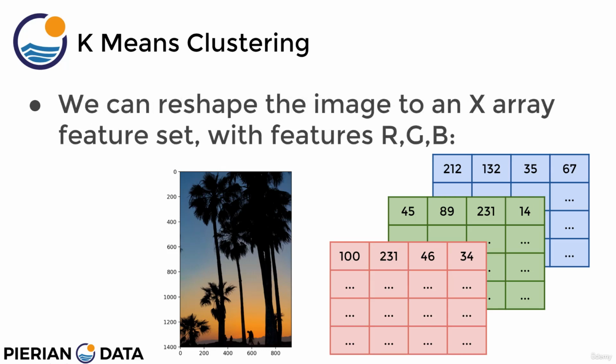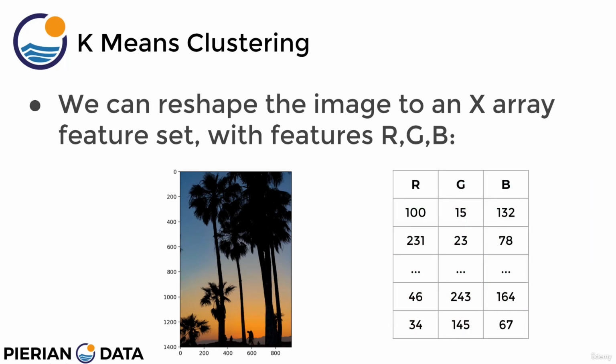We can actually reshape the image to an X-array feature set, with the features being red, green, and blue, because k-means clustering thinks of data as being two-dimensional, where each column represents a feature. So what we're going to do is take this three-dimensional array and reshape it so that each color corresponds to a unique feature, in order to provide a correct data set for k-means clustering.